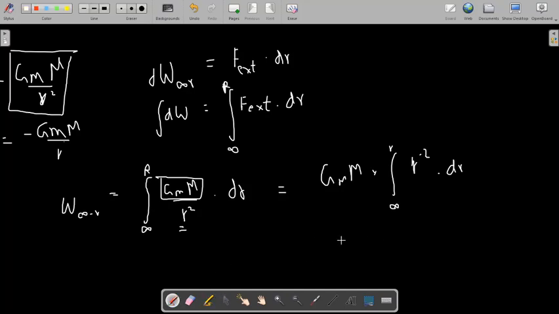So we get GMm multiplied by minus 1 upon r.